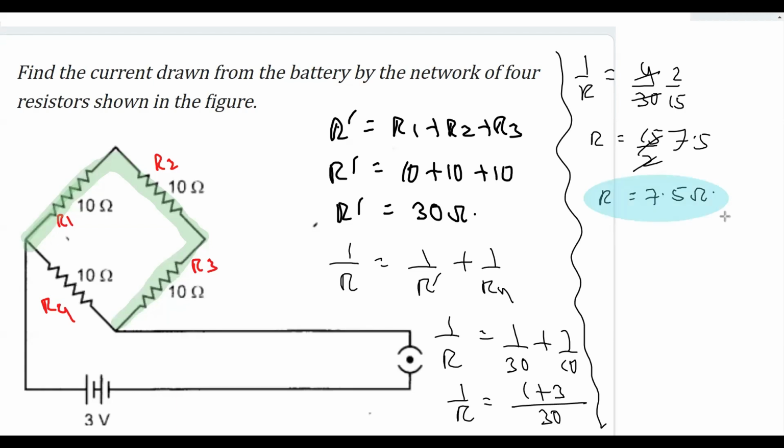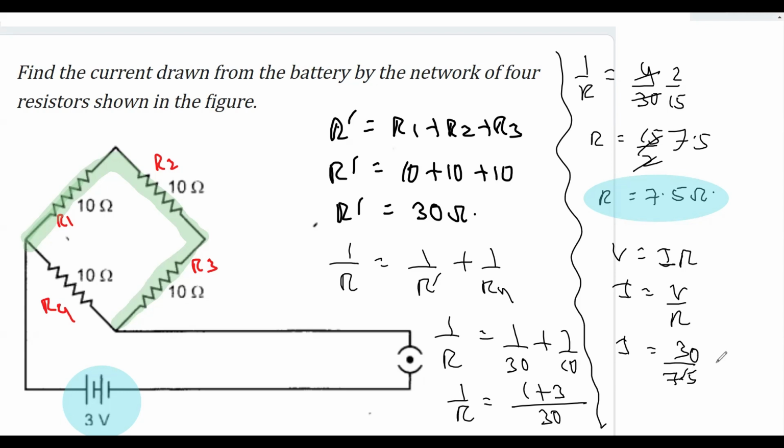Now we know the potential difference is this. Using the formula derived from Ohm's law, V is equal to IR, we have to calculate the current, right? That's why I'm calculating I here. I is equal to V over R. So V, which is 3, divided by R, which is 7.5.